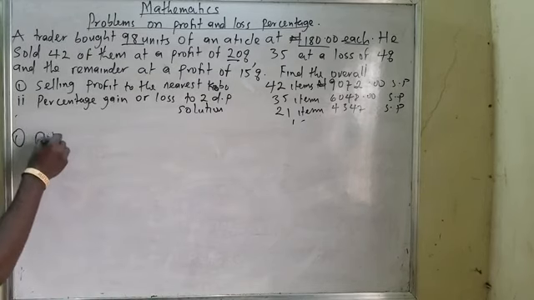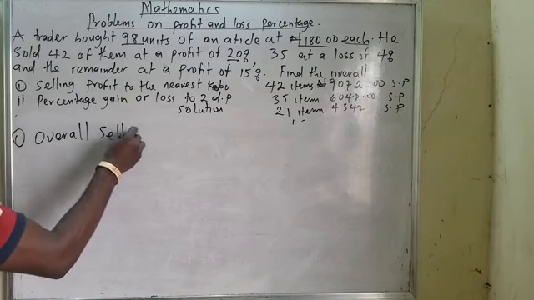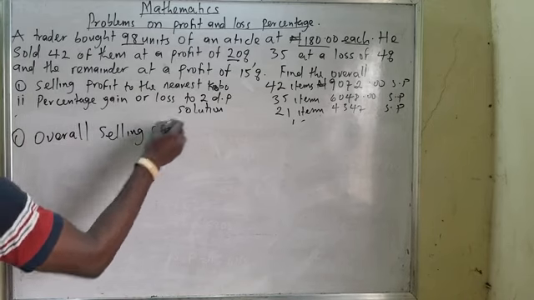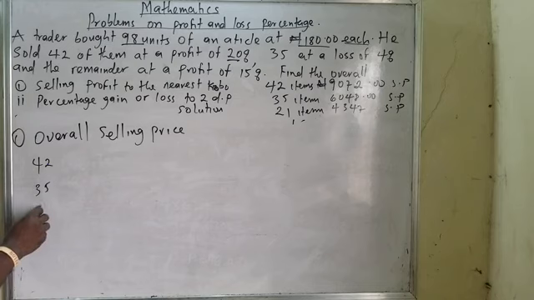Overall selling price will be equal to the first one, 42, 35, 21, which gives us what?